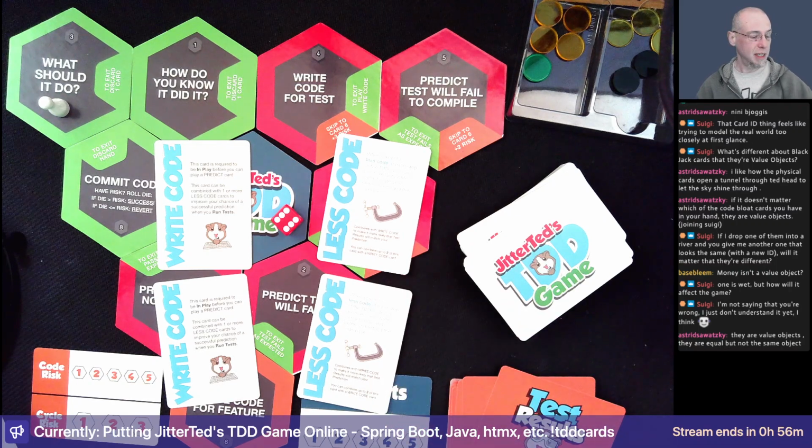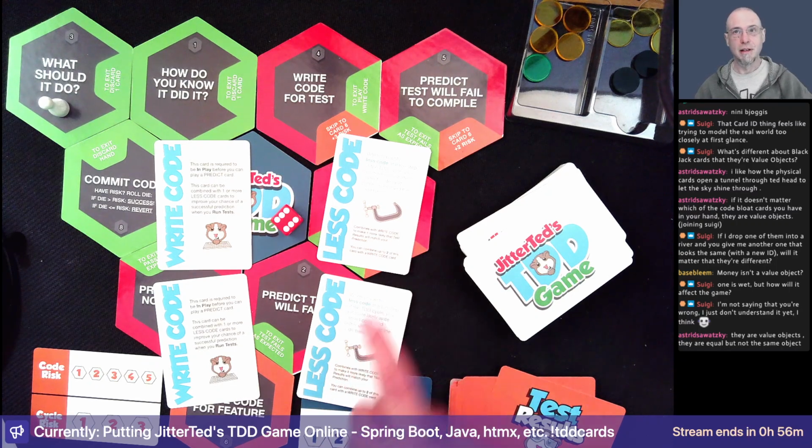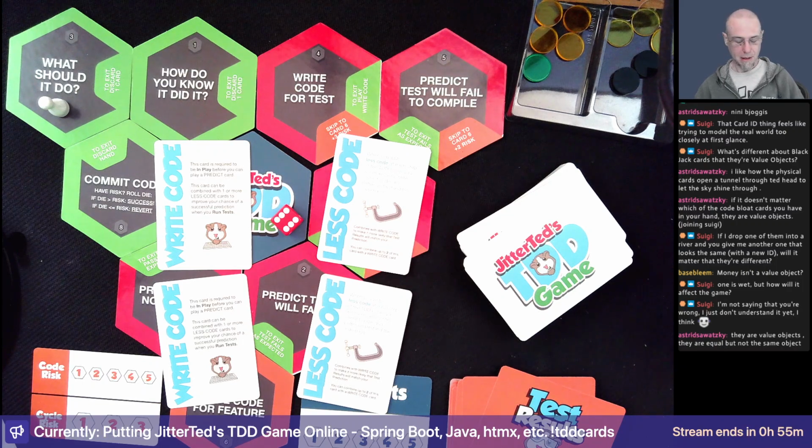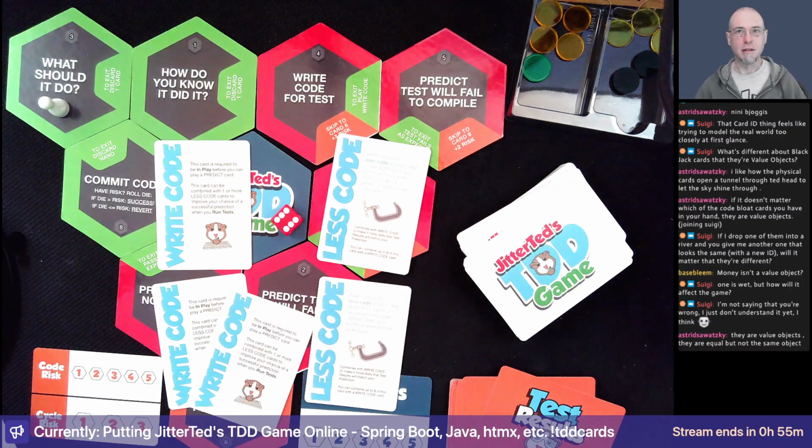So I don't have to have a unique identifier across all of them. That I will definitely grant you. But I do need to tell the difference between this less code card and that less code card. And so part of its attributes must be which one are you? Because now I've got another write code card.